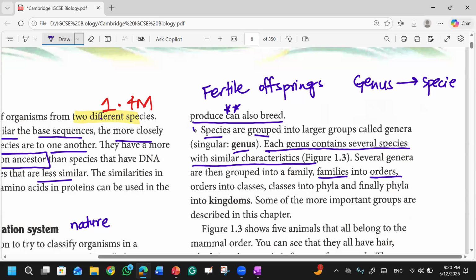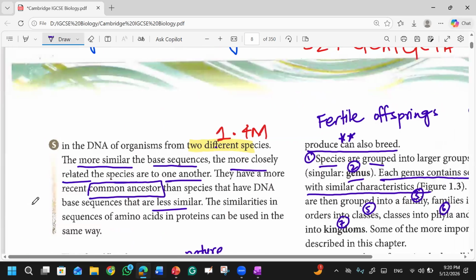So first was species, then genus, then family, then order, then class, then phylum, and then kingdom. So starting from the bigger one, you have kingdom, right? After kingdom, what is there?